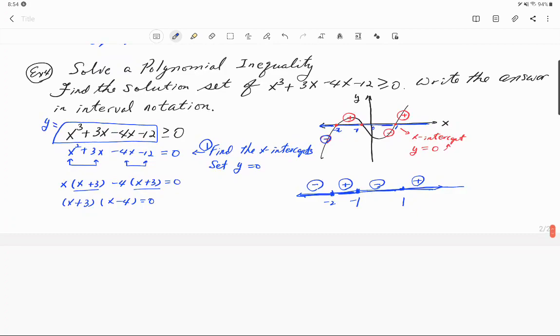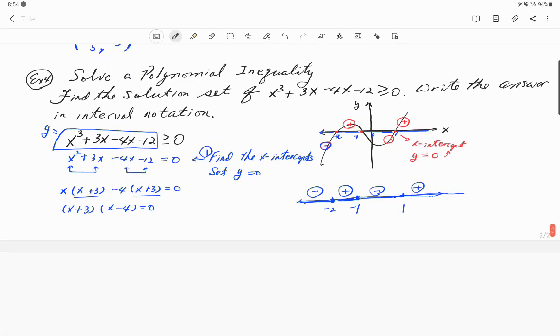Okay, so actually, I copied the wrong information. This is x cubed, and this is x squared. So factor out x squared. Then it makes more sense.